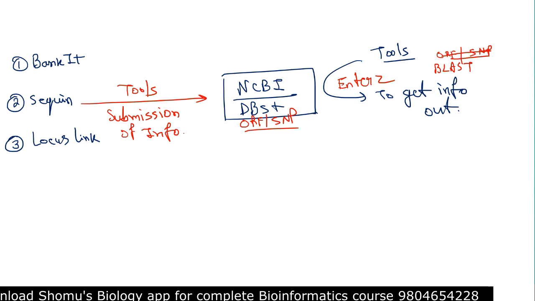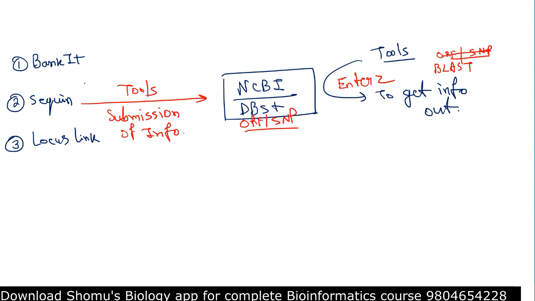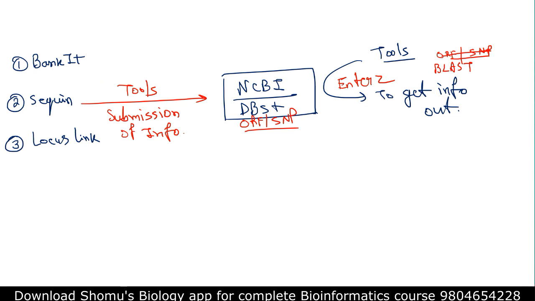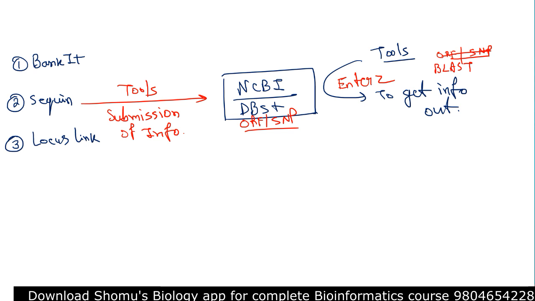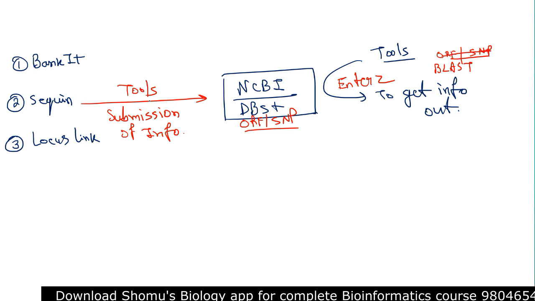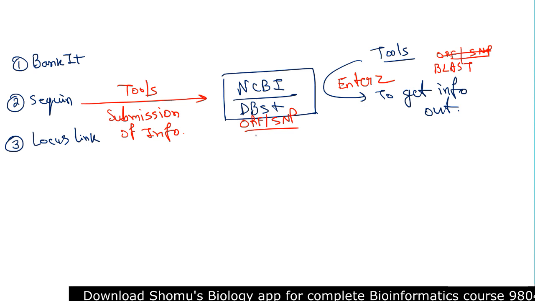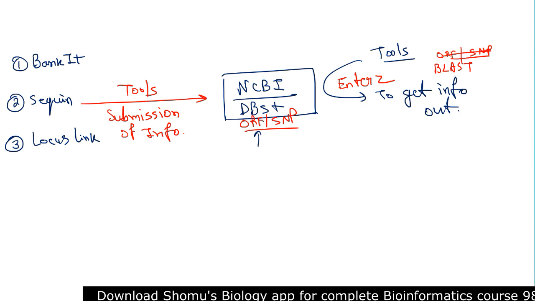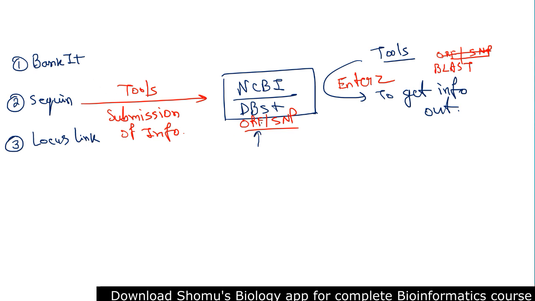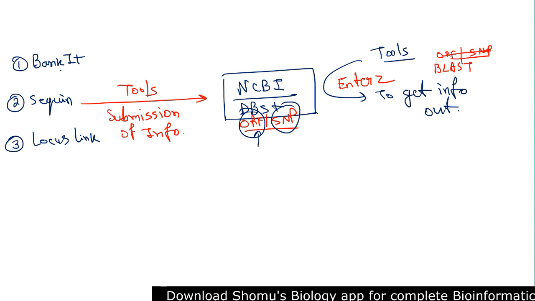So you're working with a protein, with a DNA sequence, with RNA, and you get some information regarding the sequence, regarding the structure, regarding the behavior of that. So whatever information you gather, you need to feed that information through some tools into the database like NCBI. Okay, so if you're working to find out open reading frames, then you can do that via these tools into the ORF database, or if the information carries single nucleotide polymorphism data, then you put it into the SNP database, but via any of these tools.